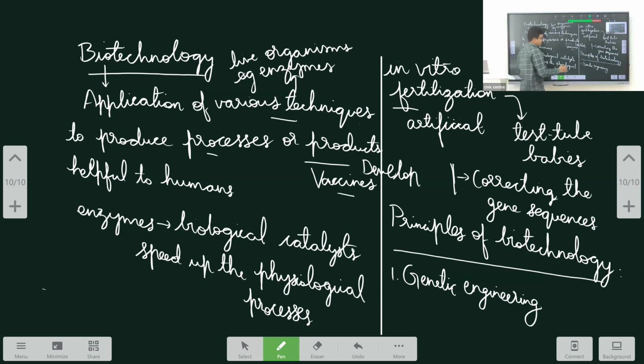But along with that, there is also the second process, bioprocess engineering, or biochemical processing.